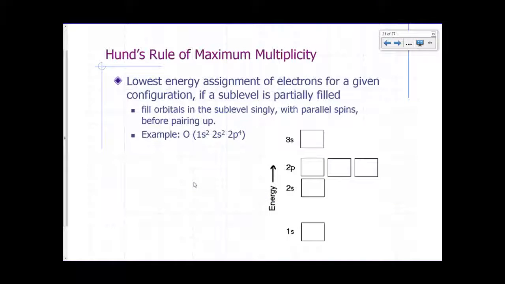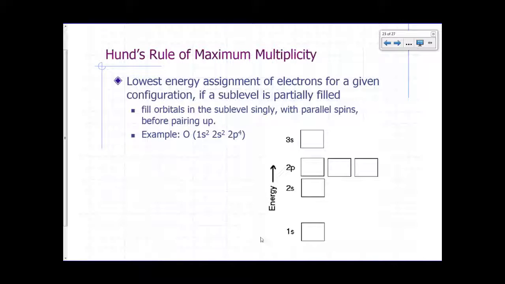Now, Hund's rule of maximum multiplicity says that you can get the lowest energy assignment of electrons if you fill the sublevels singly first with parallel spins before pairing them up. In other words, if you have a partially filled subshell, remember we said there are going to be more than one way of distributing the electrons.